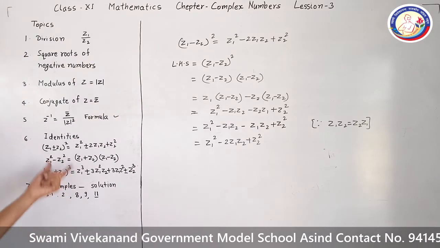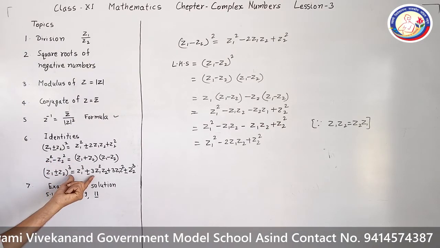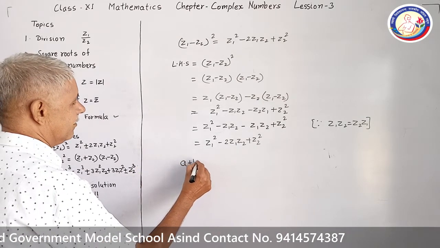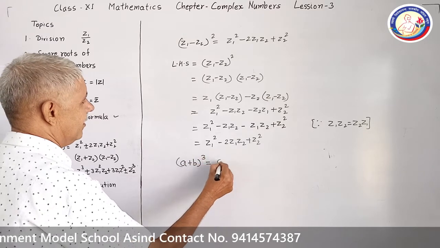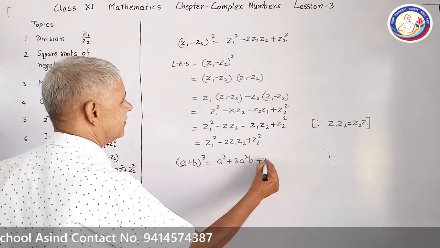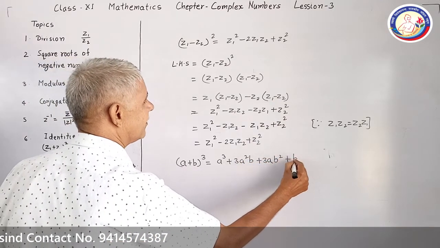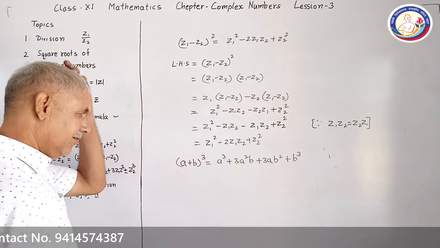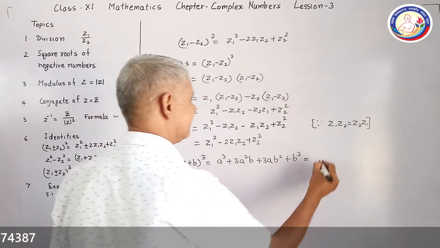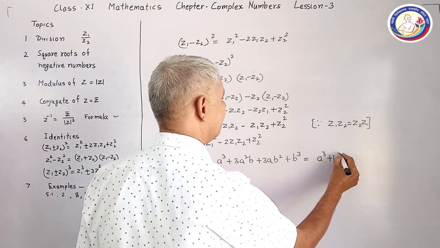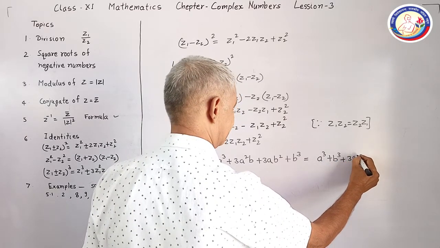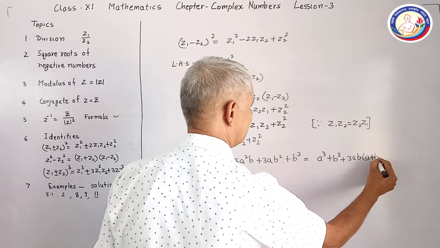Similarly, we can prove these two identities. We have to use the formula a plus b whole cube equal to a cube plus 3a square b plus 3ab square plus b cube, or it can be written as a cube plus b cube plus 3ab into a plus b.